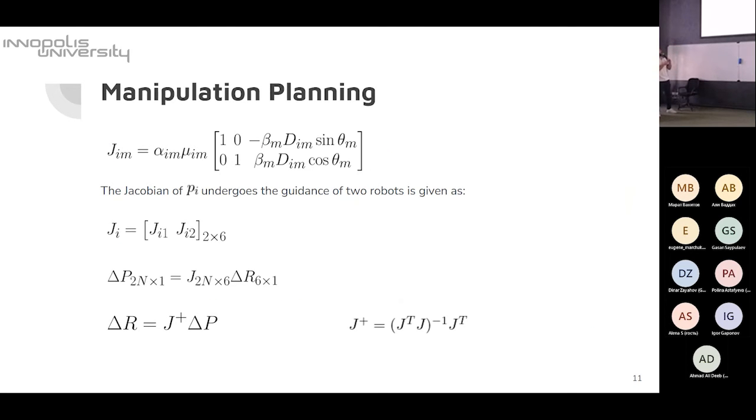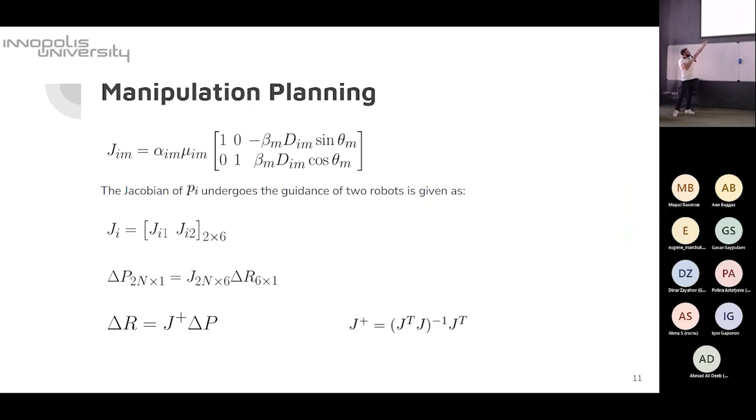We ended up with the Jacobian for Pi multiplied by alpha and mu, and the Jacobian of Pi that undergoes the guidance of two robots can be given by this formula.